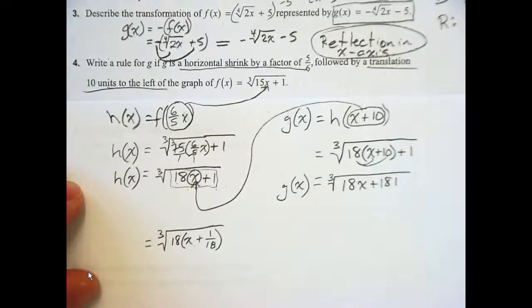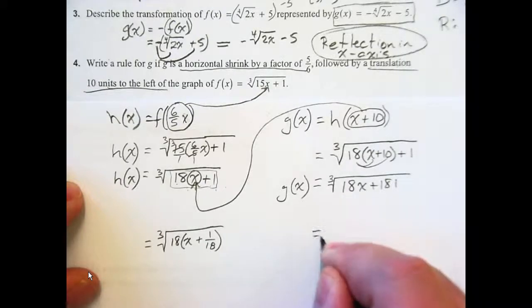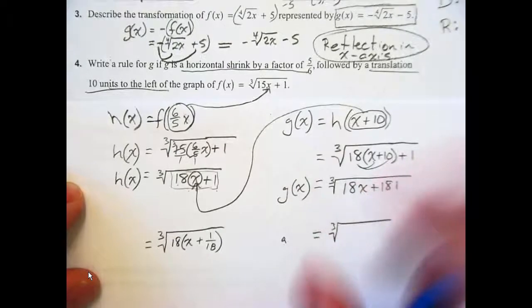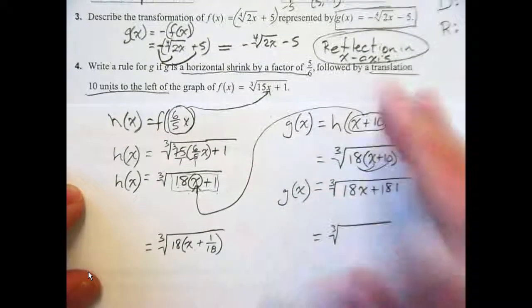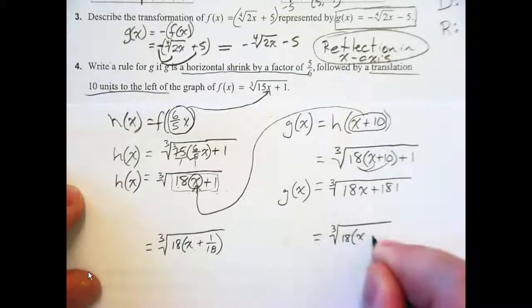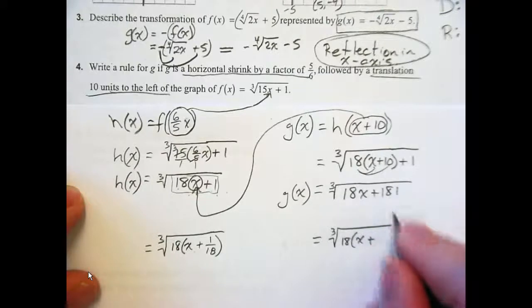Now, if I do that same thing over here to find my h value for g of x, I would have to factor out that 18. I get 18. I have x. And when I factor out 18 here, I get 10 and 1/18.